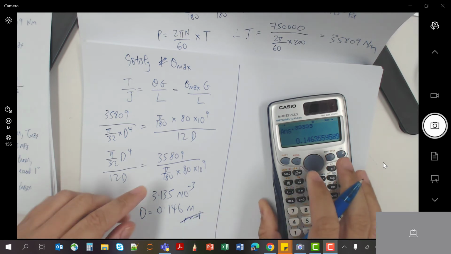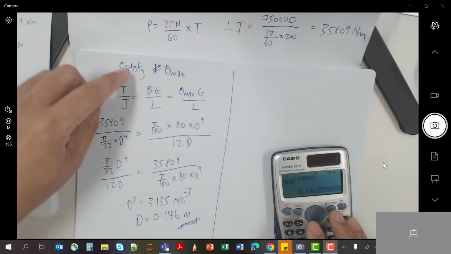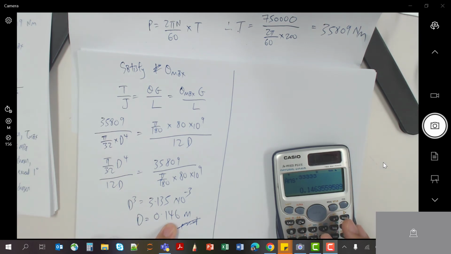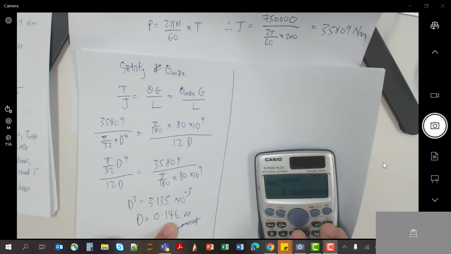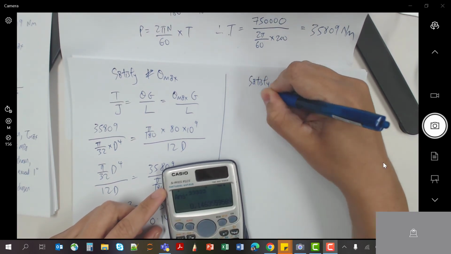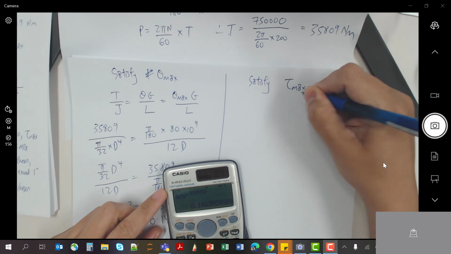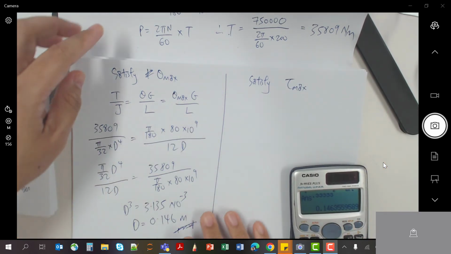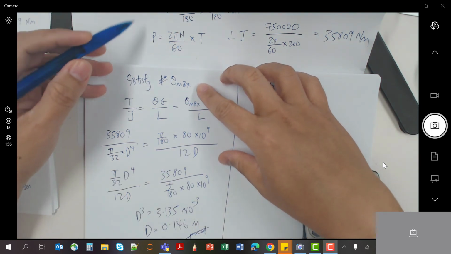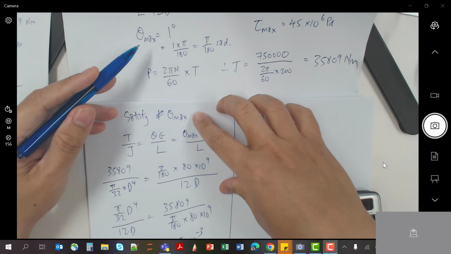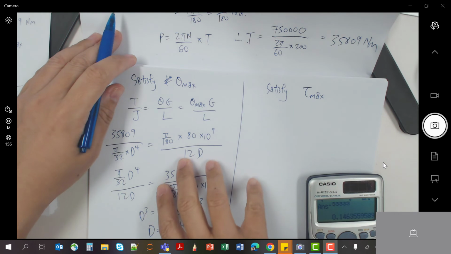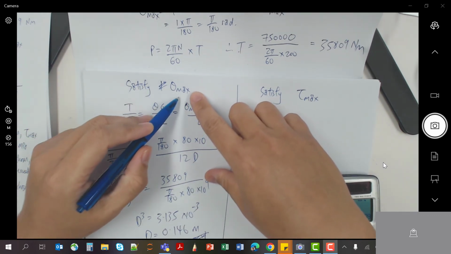So when I satisfy my maximum angle, my diameter is this much. Before I look at the shear stress condition, what does it mean to satisfy the maximum angle of 1 degree?